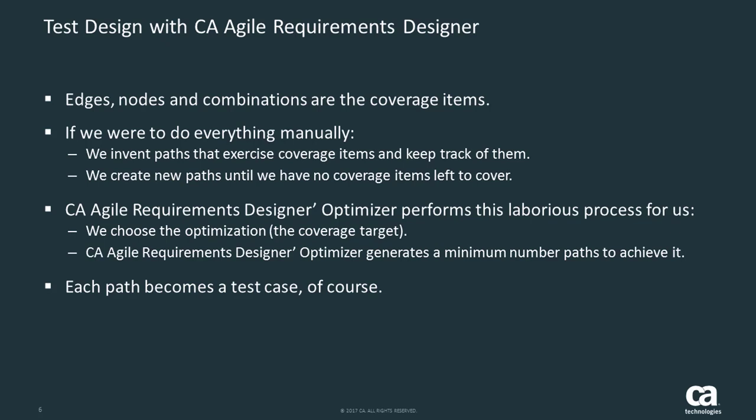And that's how test design actually works. Now, what the optimizer does is it performs this rather laborious task for us. So we choose an optimization, our coverage target if you like, and what the optimizer then does is it generates a minimum number of paths to achieve that coverage target. And each path through the model is in effect a test case, of course.